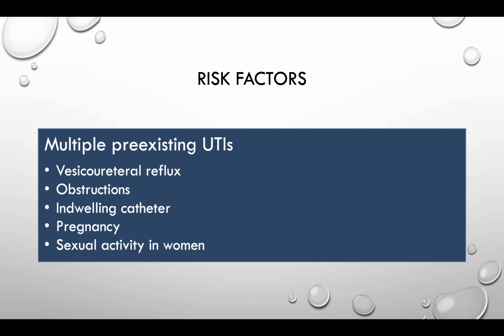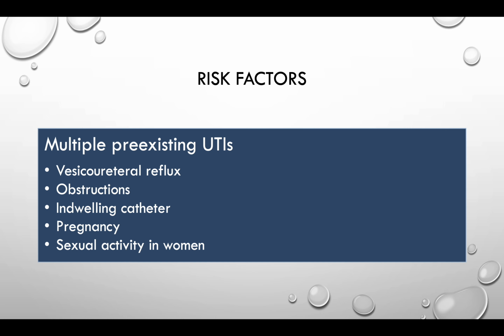We can also see something called vesicoureteral reflux. In other words, urine is kind of refluxing back up into the kidneys, causing irritation, inflammation, infection. An indwelling urinary catheter. Another reason why we don't want to have a catheter, we could cause kidney infections.